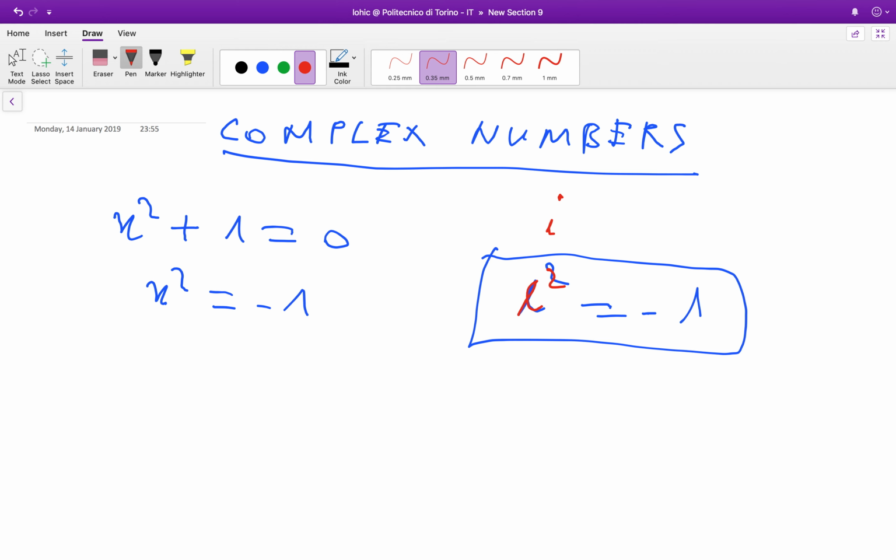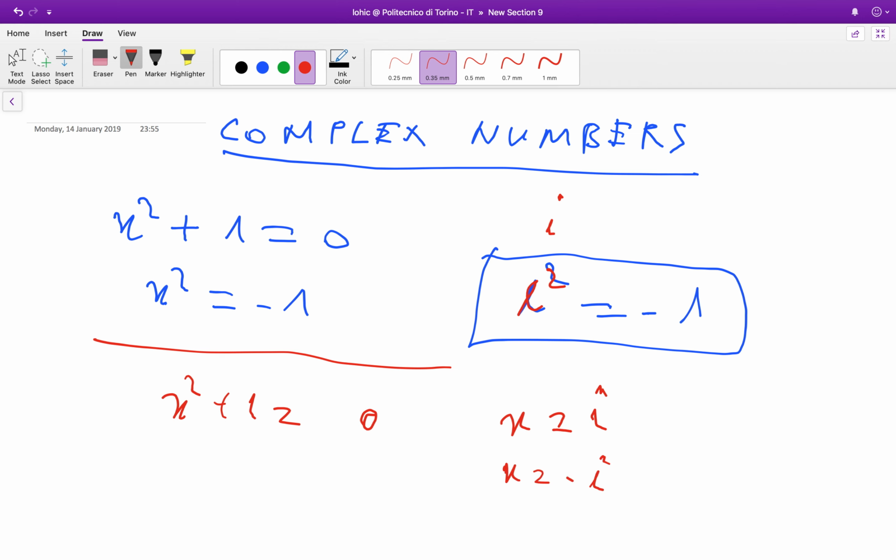At that point, we were now able to solve the equation x squared plus 1 equal to 0, because the solution was x equal to i or x equal to minus i, because if you put it in, minus 1 plus 1 gives 0. Yes or not? So by inventing this number, we have been able to solve this equation.